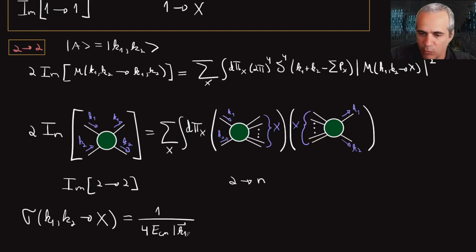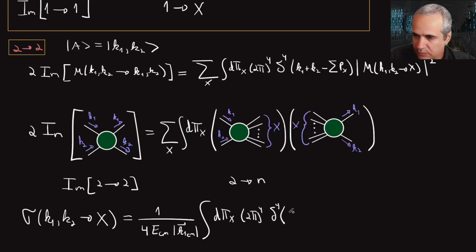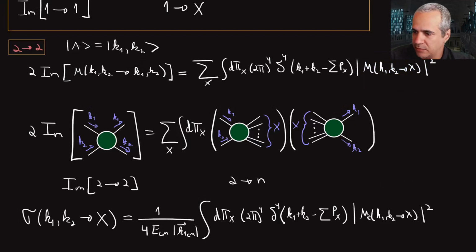This is the modulus of K1 also in the center of mass reference frame times the phase space for the X states times (2π)^4 δ^4 of the sum over the initial state, so k1 plus k2 minus the sum over the momenta of the final states times, of course, the same thing again. I'll just copy it. Right?